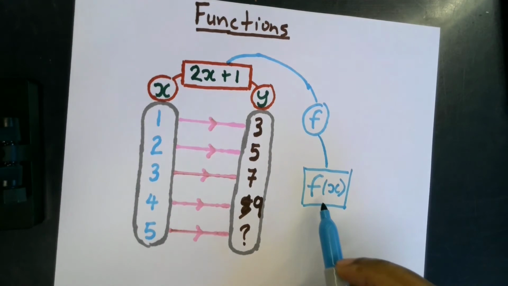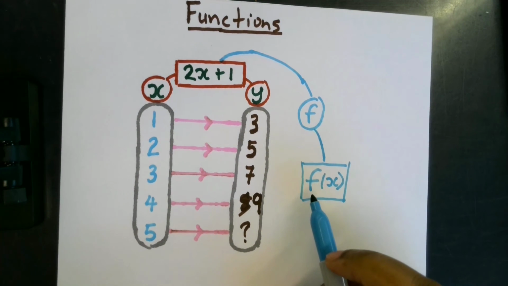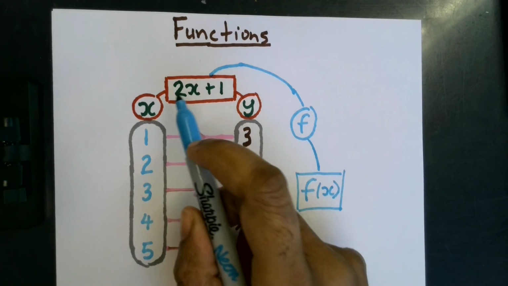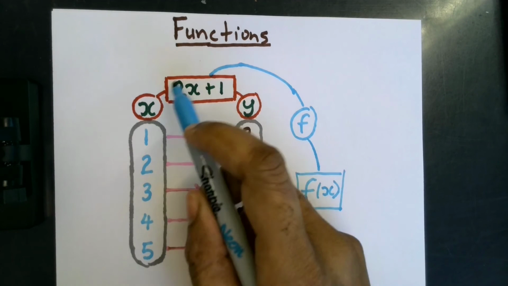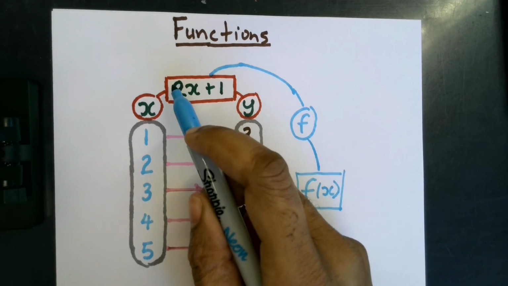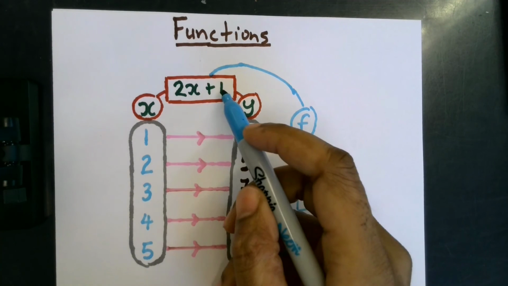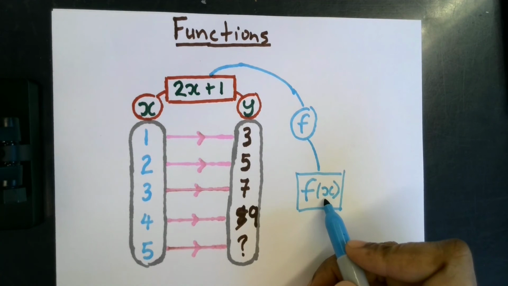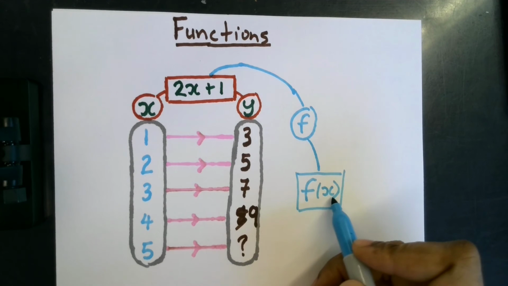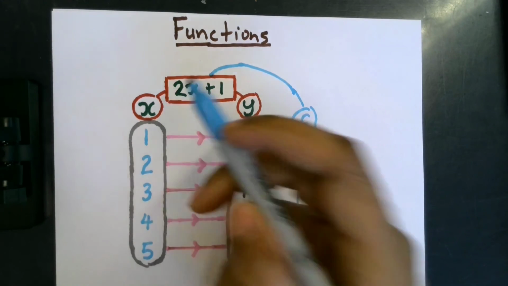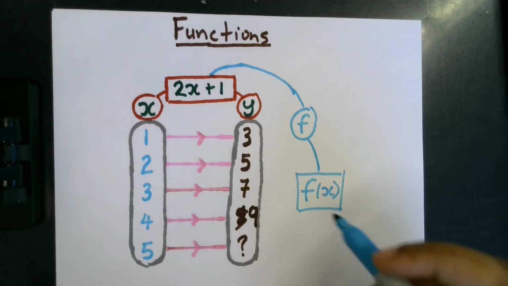So what this means is the name of my formula is F. F is the name of my formula, and X is in my formula. All right. That's what it means.